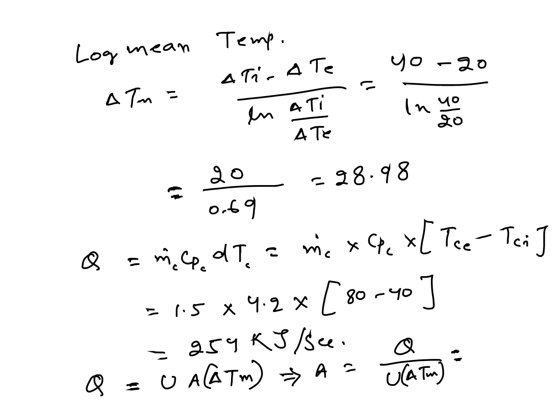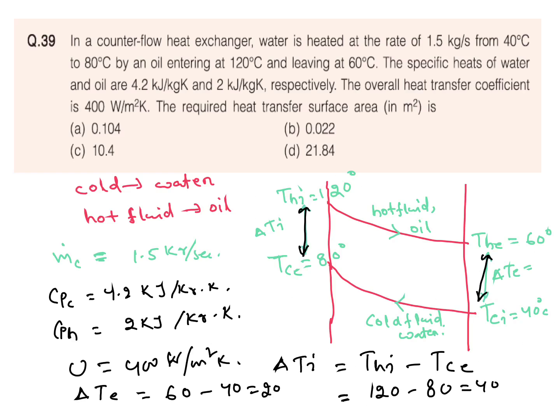You will get 254 kilojoule, so multiplied by 10 to the power 3, divided by the U value 400 into delta Tm 28.98. If we solve this, we will get 21.9 meter square. So option D is the answer.